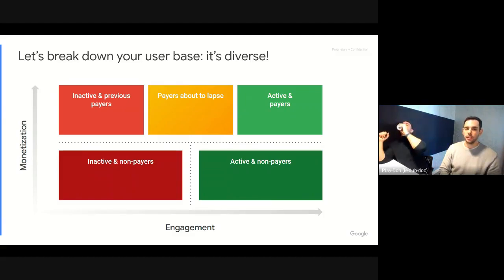And as you can see here, obviously green is good, red is less. So we're trying to get users to go up and to the right of our graph. We want our users to be active payers or active high ad monetized users if your game is more ad funded. But basically what we are trying to do is to keep the users engaged and to enable monetization for our game with these users.